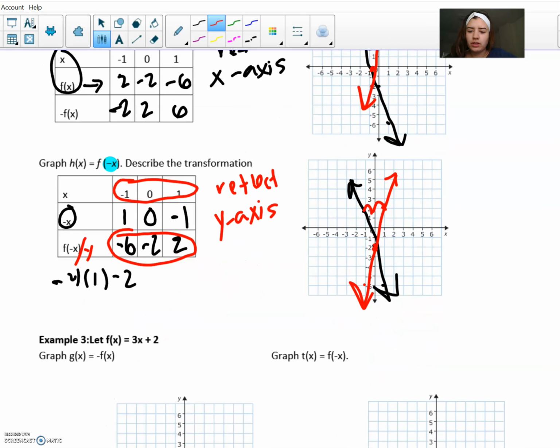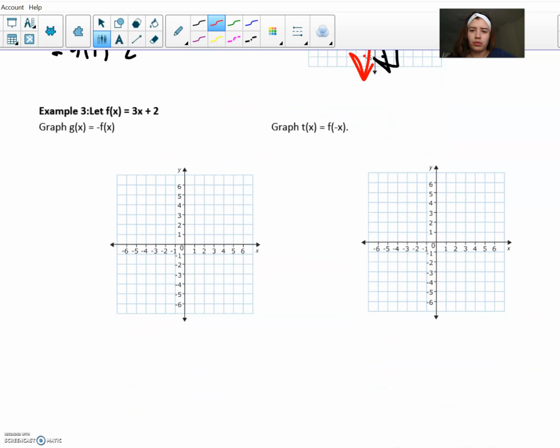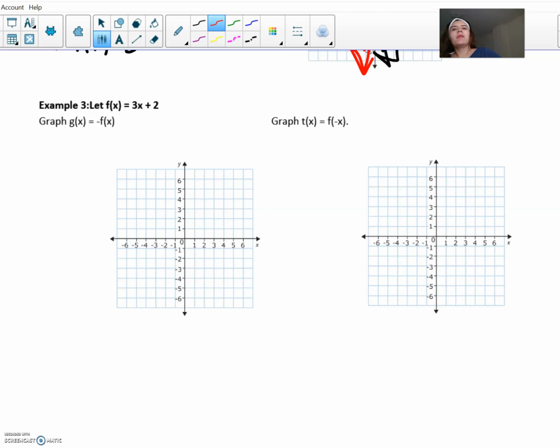So while you're doing example 3, graph this and label it as your parent function.